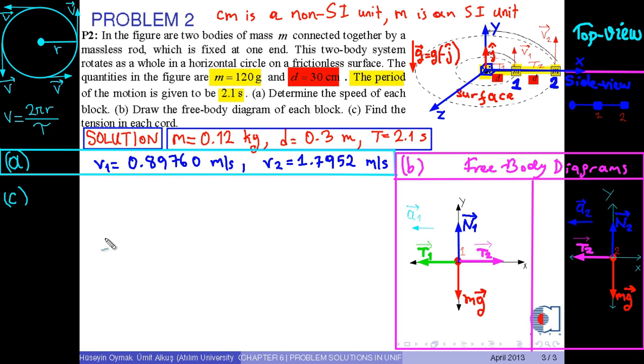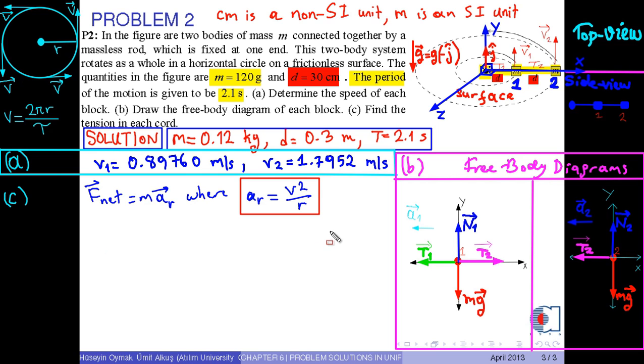In order to find the tensions in each cord, we have to consult Newton's second law, which is written as F net equals m times a_R, since this is a uniform circular motion and a_R is the radial acceleration. For both bodies, the net force is the centripetal force, which is directed toward the center.